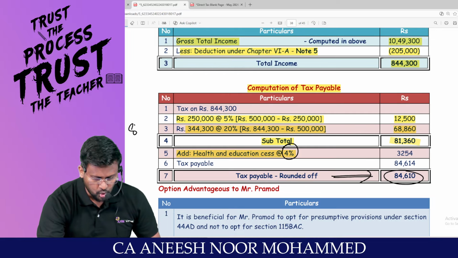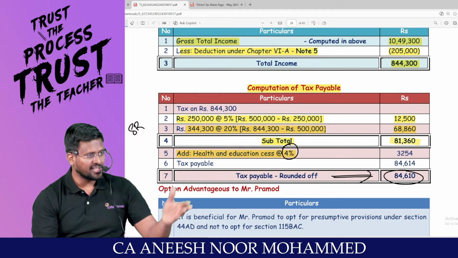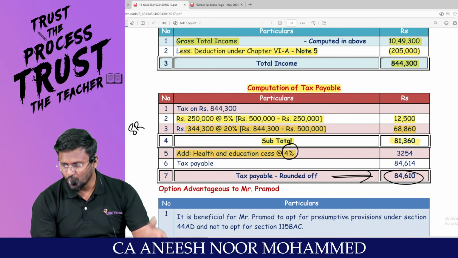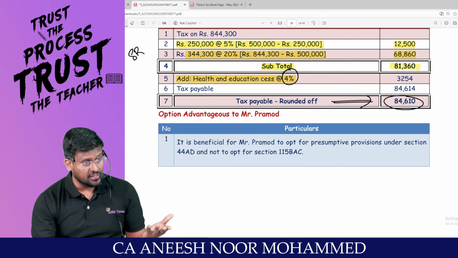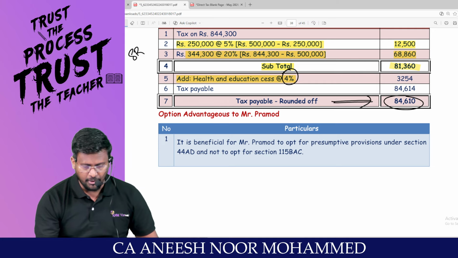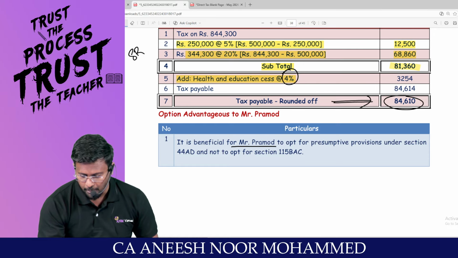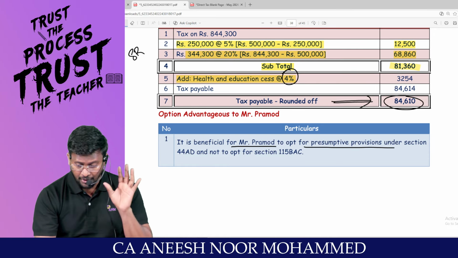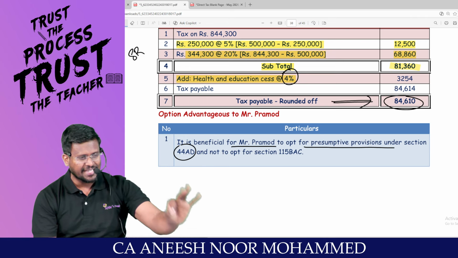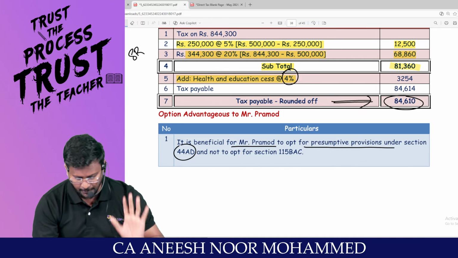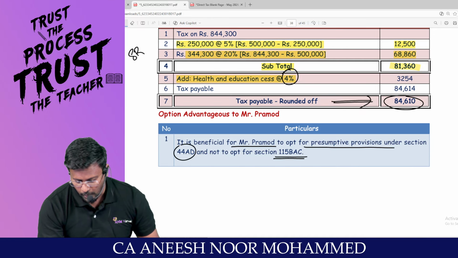This is like a suicide route. There is one option where there is no need to pay tax at all, but here you are liable to pay 84,610. So out of the three available, it is beneficial for Pramod to opt for presumptive provisions under 44AD. For calculating PGBP, please use 44AD and do not opt for 115BAC.